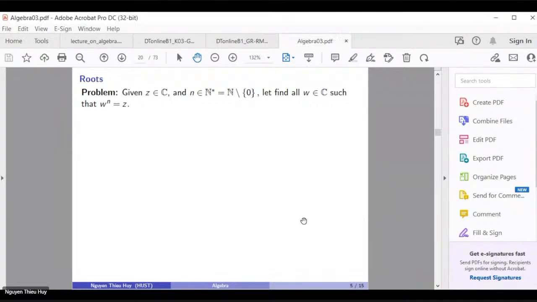So this is our problem now. Given a complex number z and a number n, a positive natural number, so n star means n minus 0.